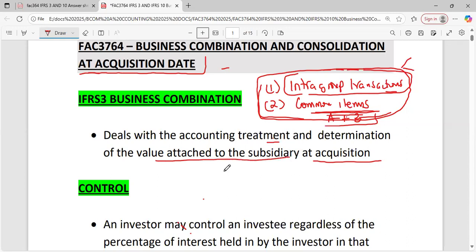Normally the value of the subsidiary at acquisition is made up of its share capital, the retained earnings, and we can also have other components of equity.